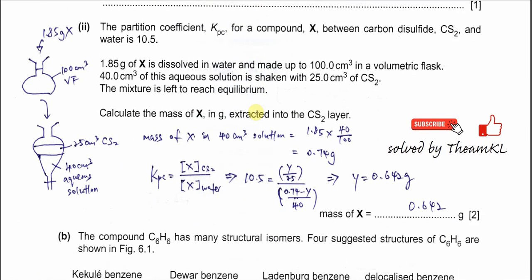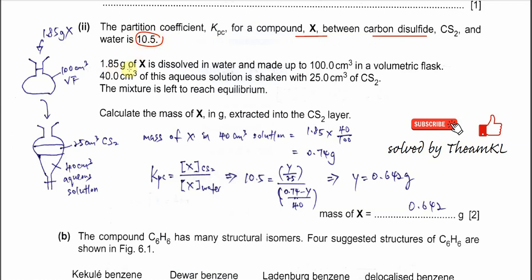Okay, part 2. This is about the calculation. We have the compound X, and this compound X can dissolve in the two solvents, carbon disulfide, CS2, and water. The KPC given is 10.5.